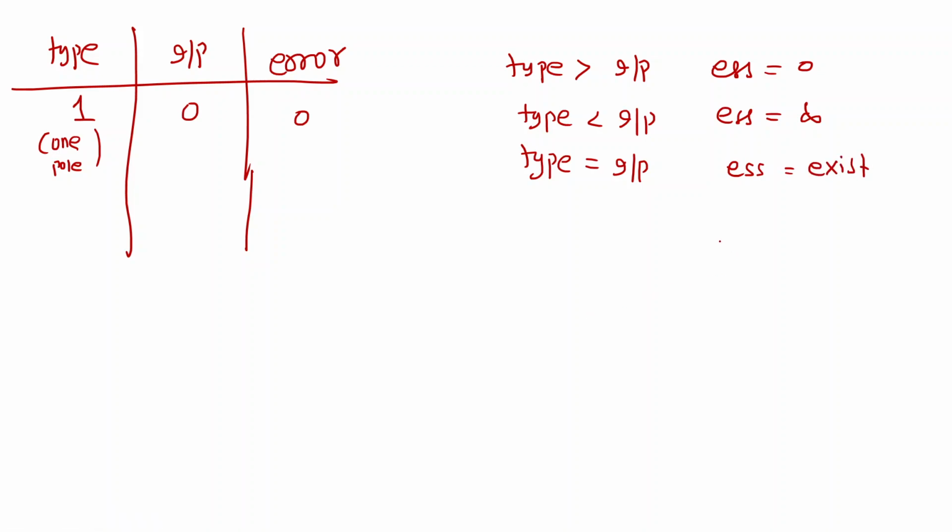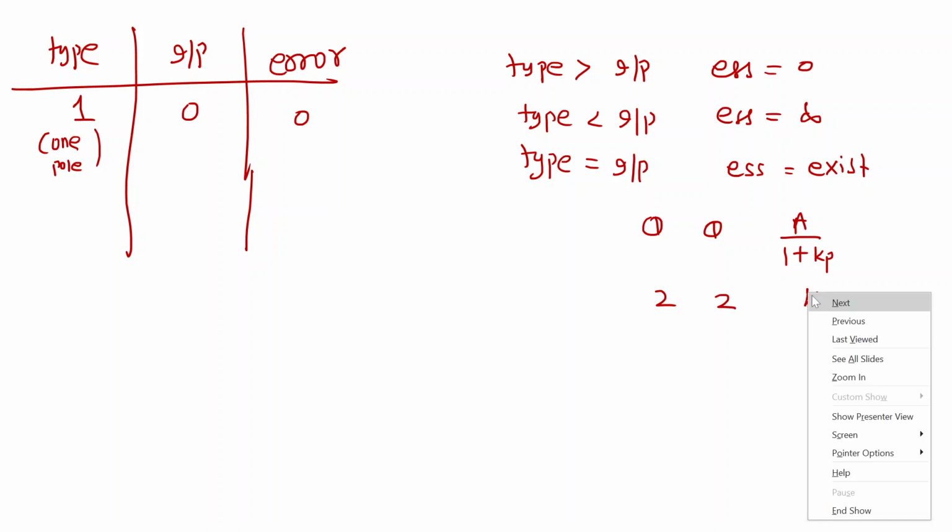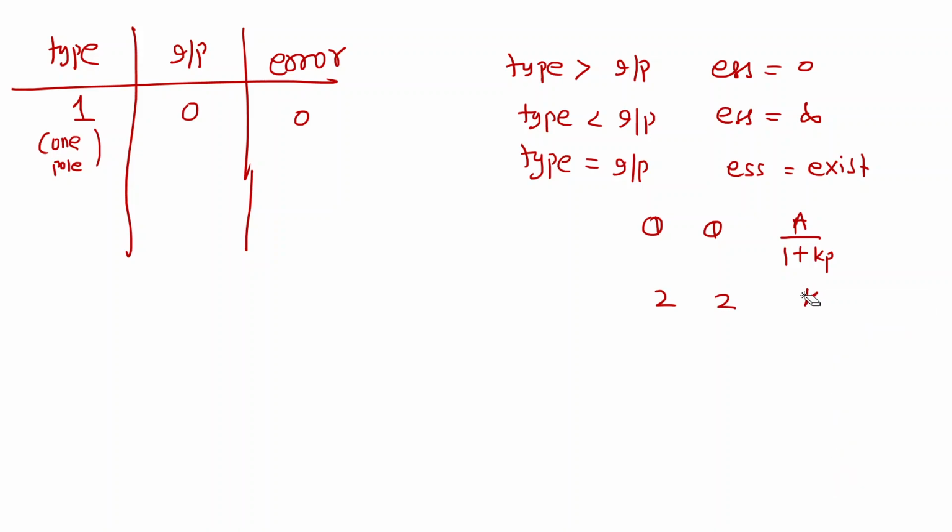If it is 0 and 0, then A divided by 1 plus Kp. If it is 1 and 1, it is 1 by Kv, the velocity error constant. If it is 2 and 2, it is 1 by Ka, the acceleration error constant. Got my point, sir?